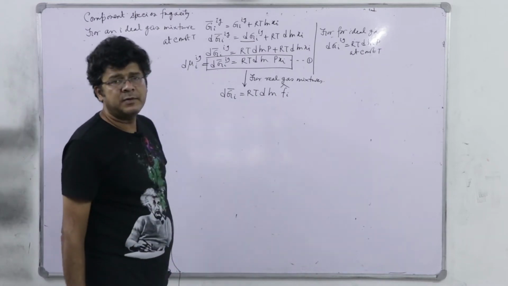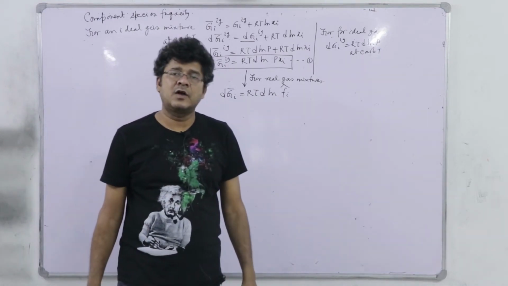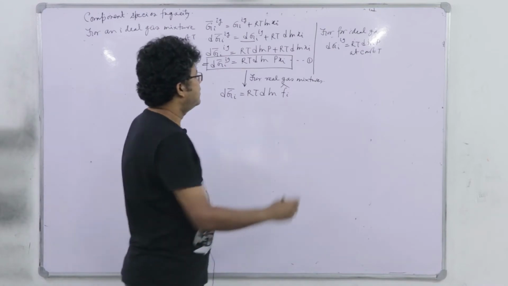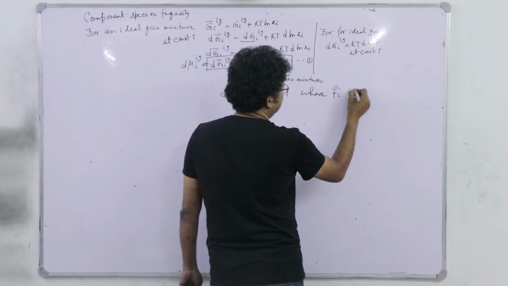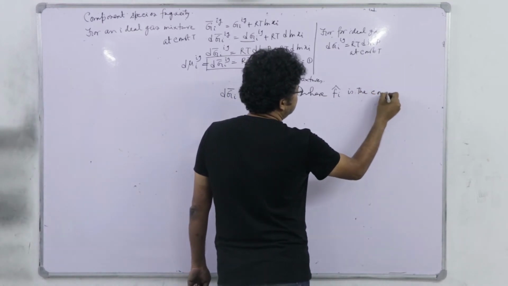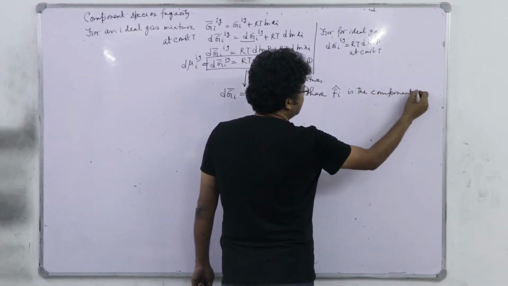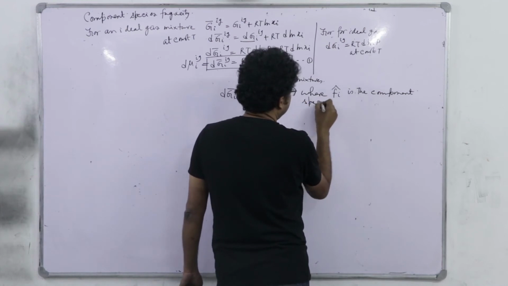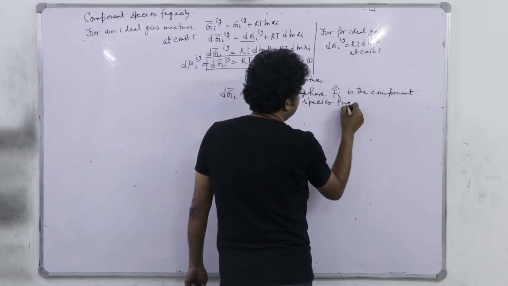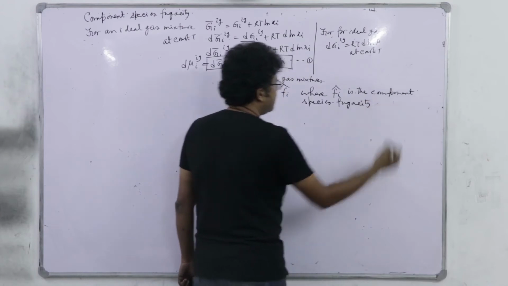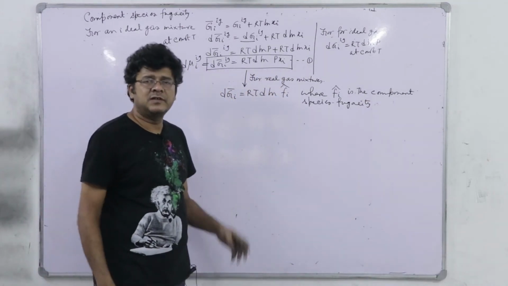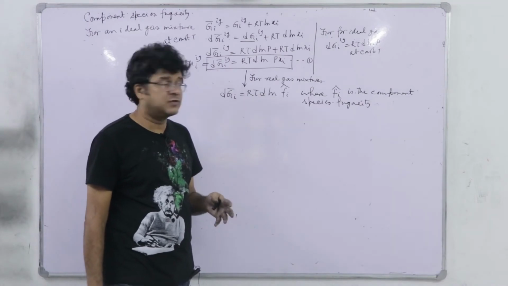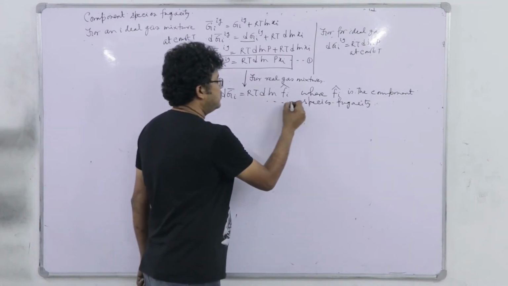Instead of pure species fugacity, now it is component species fugacity, where fi cap is the component species fugacity. Once we have introduced this definition, again we have to go for a closure. Let us say this is equation 2.